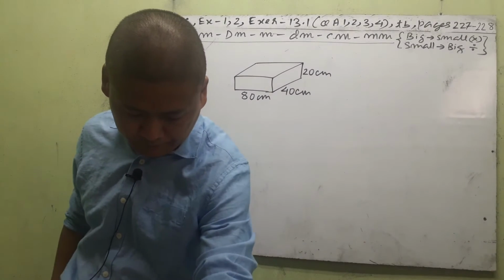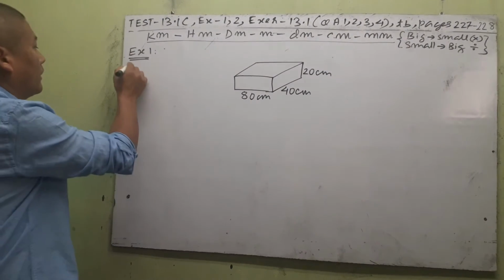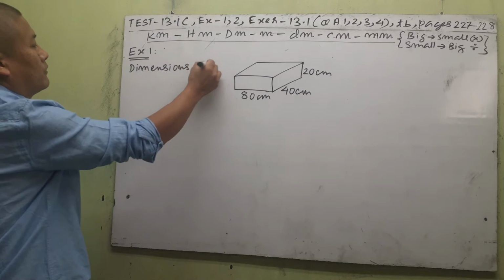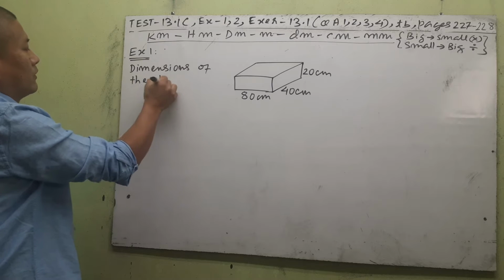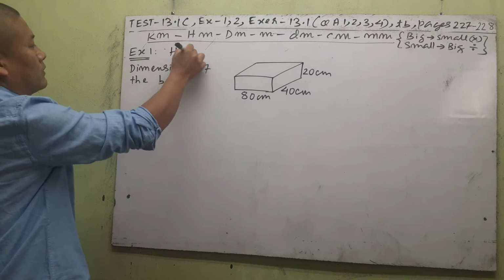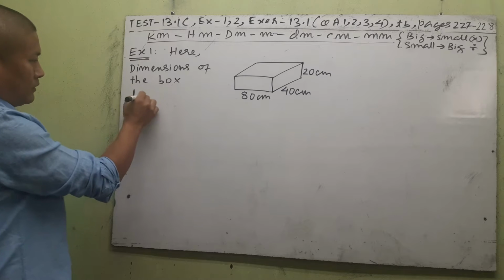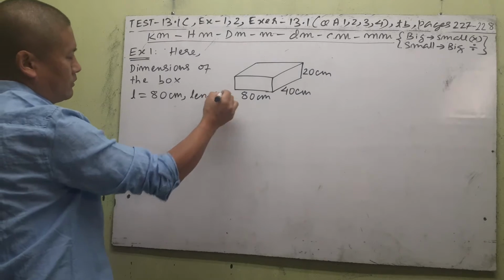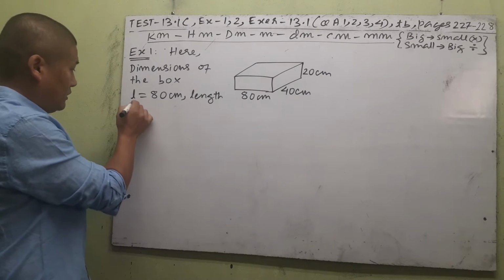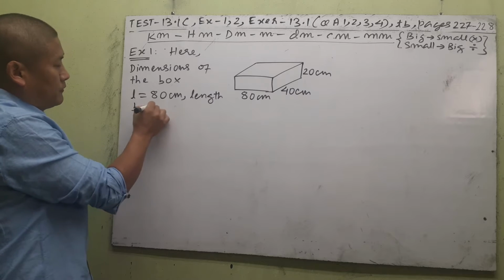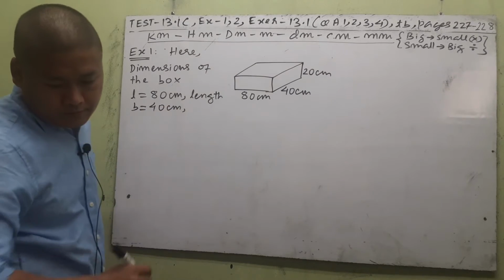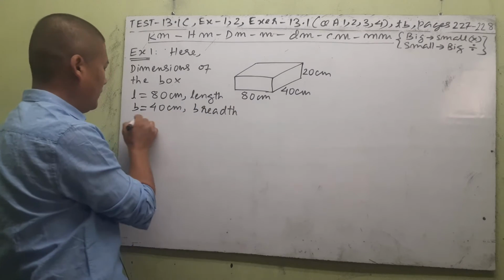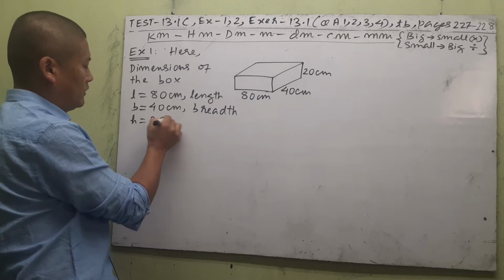So here, the dimensions of the box on which she is going to place the tree: the length is 80 centimeter, as we read from the question, B is equal to 40 centimeter, mentioned as the breadth, and the height is 20 centimeter.